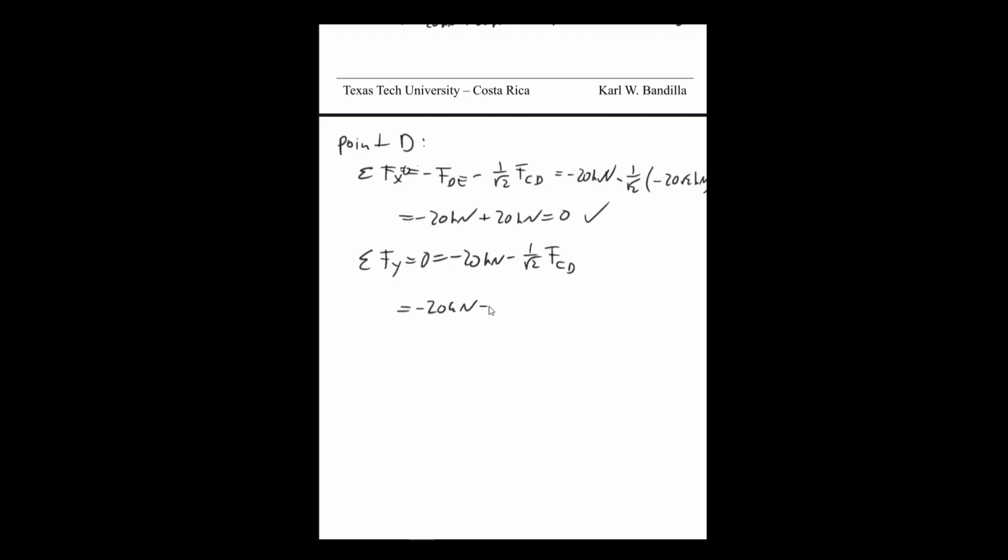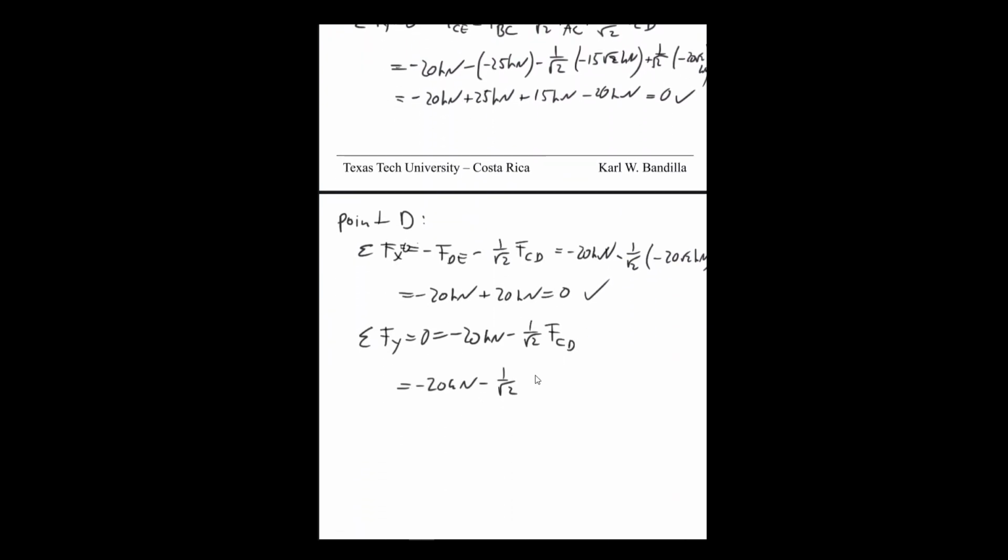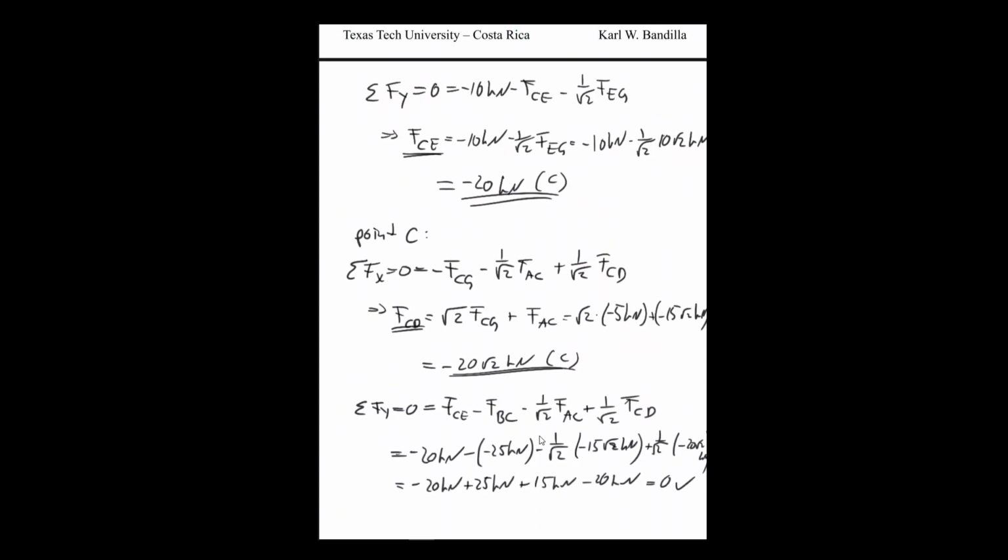Minus 20 kilonewton minus 1 over the square root of 2 FCD minus 20. Good, because that's the right number. All right, minus 20 kilonewton, the square root of 2 cancels, plus 20 kilonewton equal to 0. Woohoo!